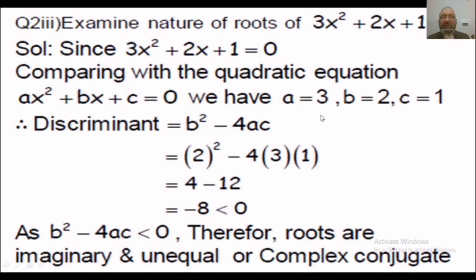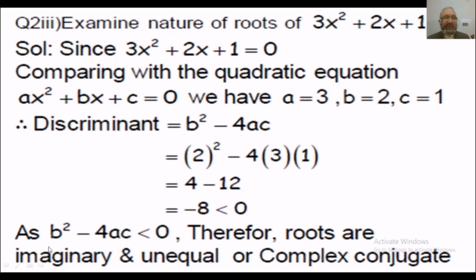Putting the values of a, b, c in the discriminant, b square minus 4ac, the value of b is 2, 2 square minus 4 into a is 3 and c is 1. So 2 square is 4, minus 4 times 3 is 12. 4 minus 12 is minus 8. Minus 8 is less than 0.